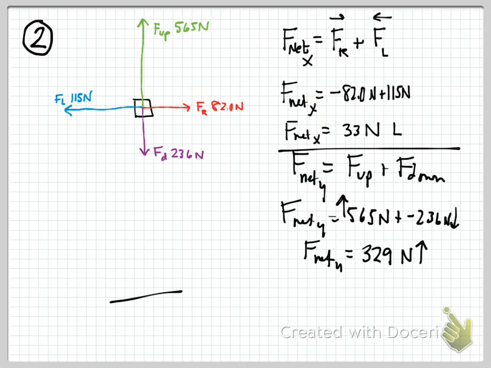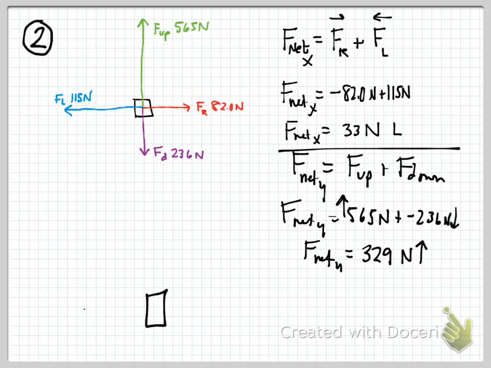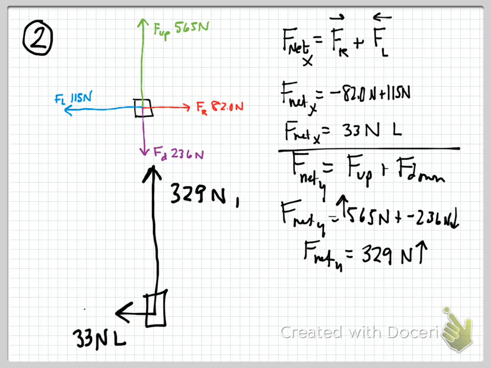So on this box, you have 33 newtons to the left, and this is not at all to scale, and 329 newtons up.